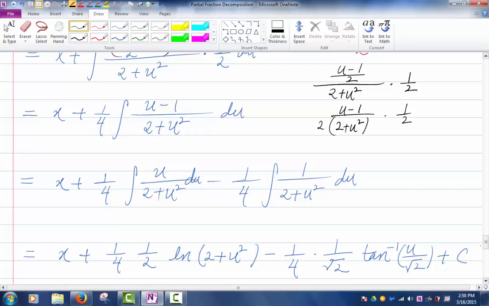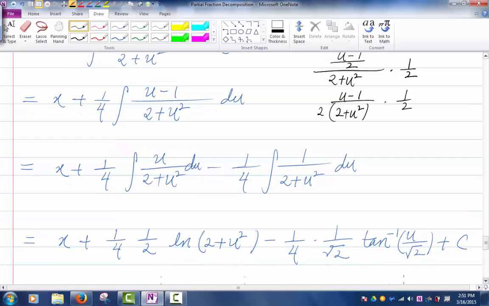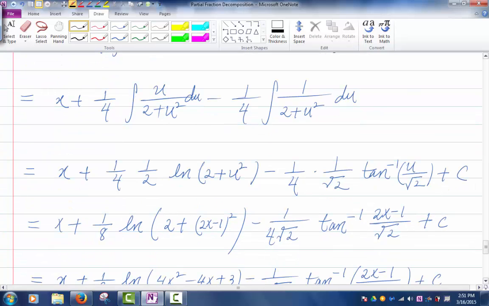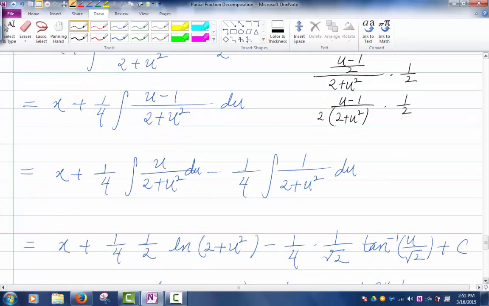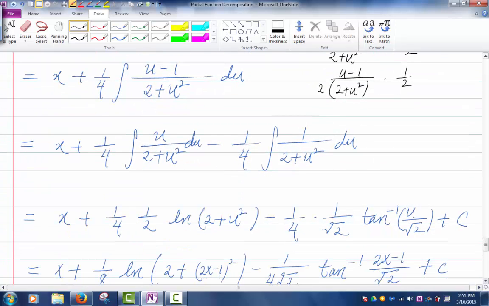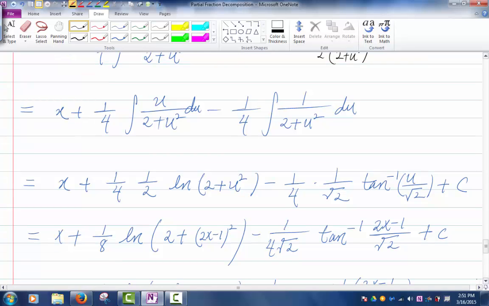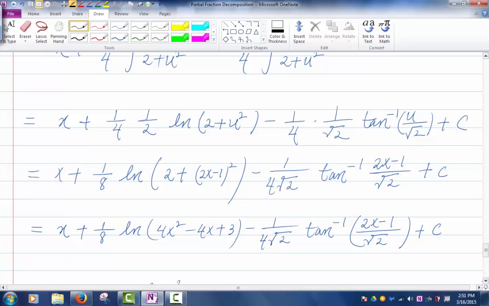Radical 2 now, because it's not 4, it's 2. So you get tangent inverse of u over root 2, and outside you're going to get 1 over root 2. At the end, though, you have to go back to x, and remember u was 2x minus 1. You plug that in, and finally you end up with that.